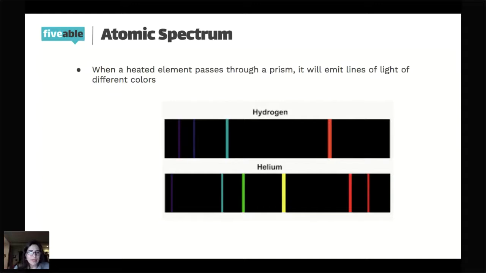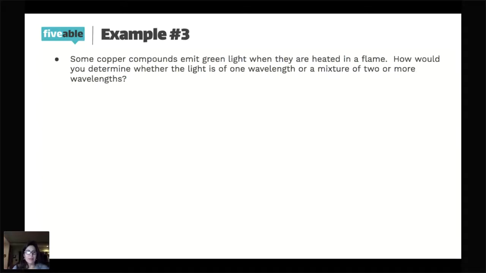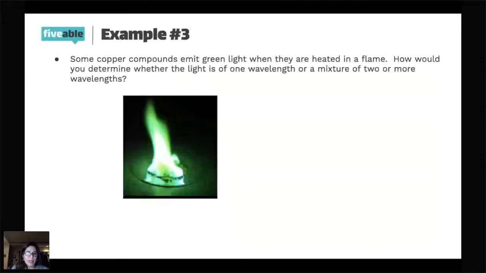For another example, some copper compounds emit green light when they are heated in a flame. How would you determine whether the light is of one wavelength or a mixture of two or more wavelengths? I don't know if you have done this in the lab yet, but if you burn copper compounds with alcohol, you will see a green light appearing. So how do you know if it's one wavelength or two? Who can answer this question?